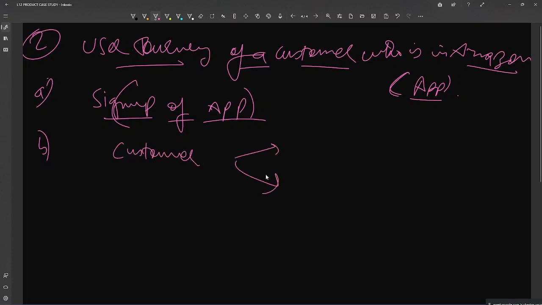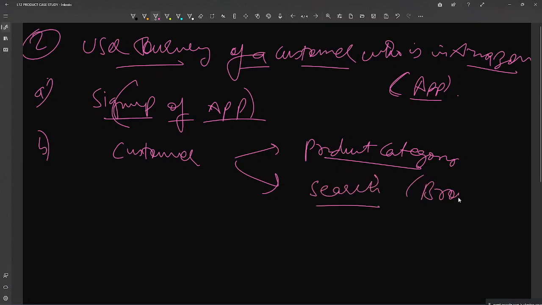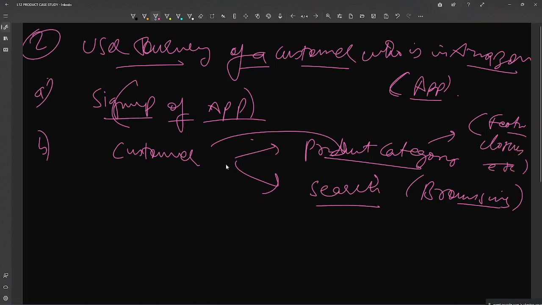the customer can select the product category, or he or she can do search, right? Here comes the browsing part. The customer has two options: either clicking on the product category, let's say footwear, clothes, etc., or in search he or she can directly type the product name.